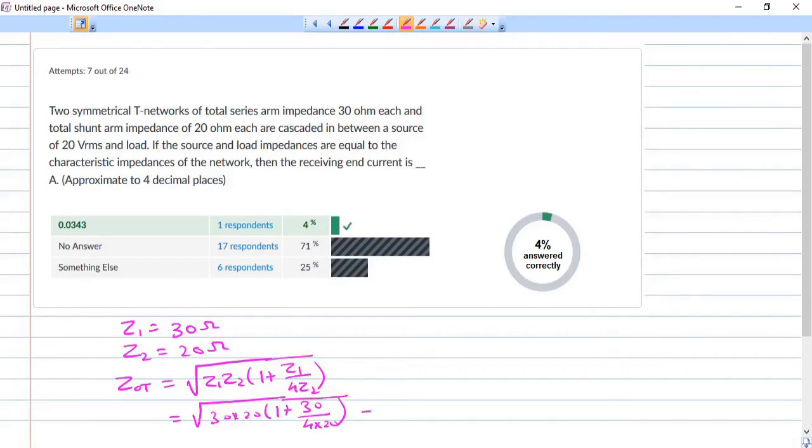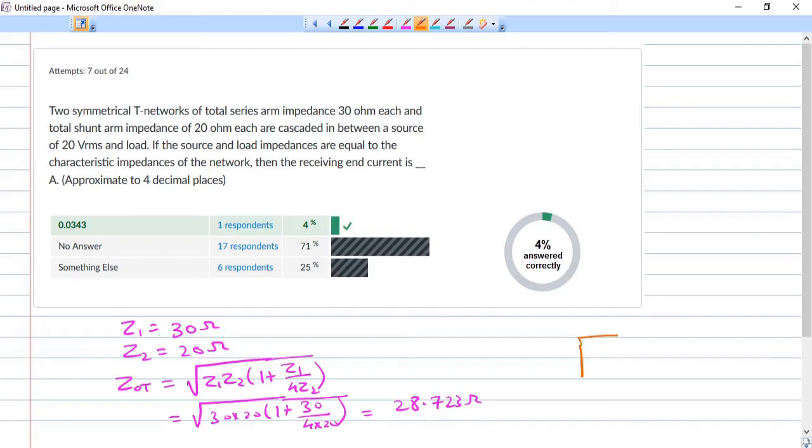We have evaluated this as 28.723 ohm. Now if the source and load impedances are equal to the characteristic impedance of the network, then the receiving end current. In this question we are asked to find the receiving end current.